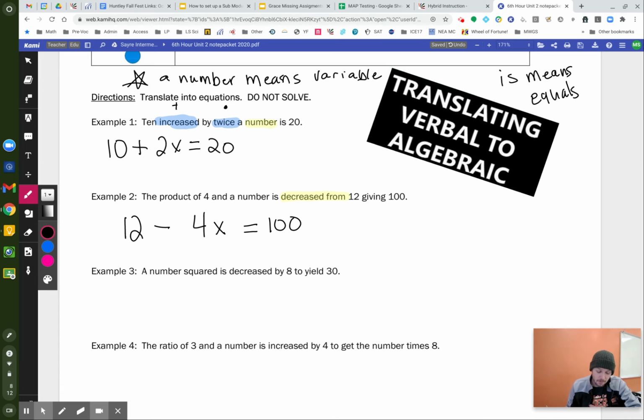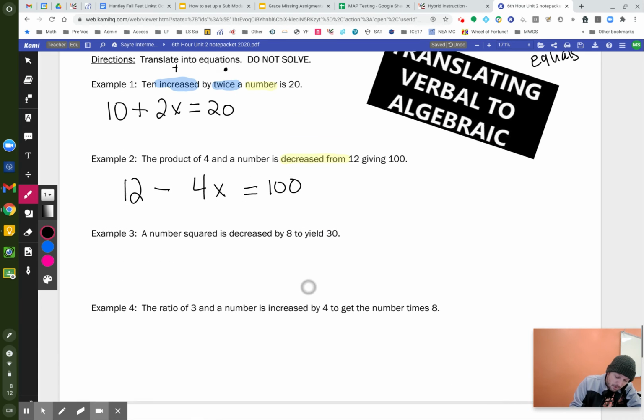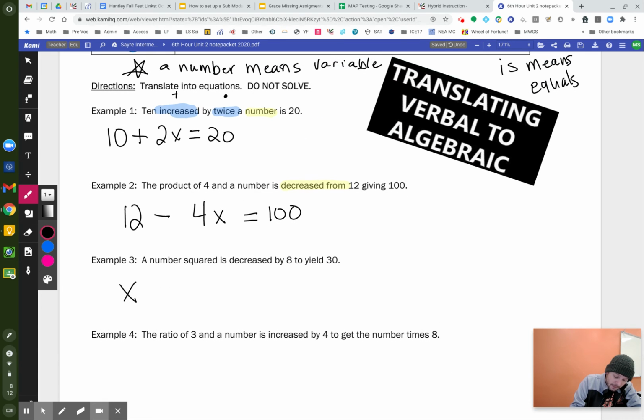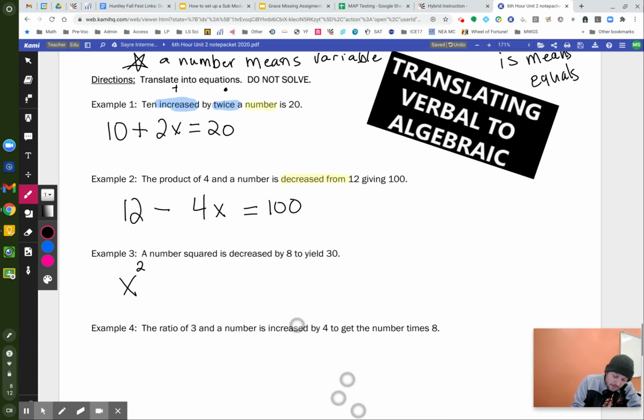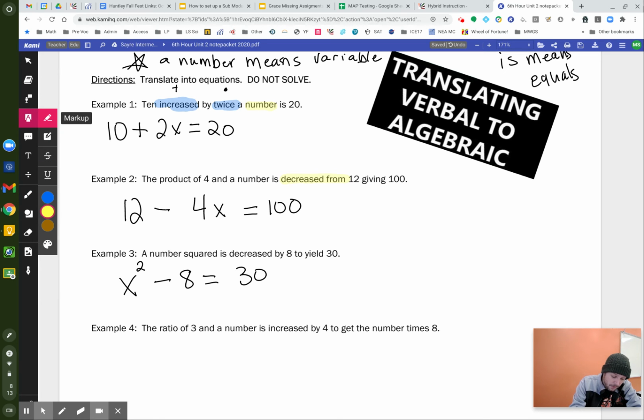Example 3 says a number squared is decreased by 8. So a number squared, so I'm going to pick x again, squared, is decreased by 8, to yield means equals. Okay, so pay attention to these words, right? I'm going to highlight all of these, so we'll do pink.